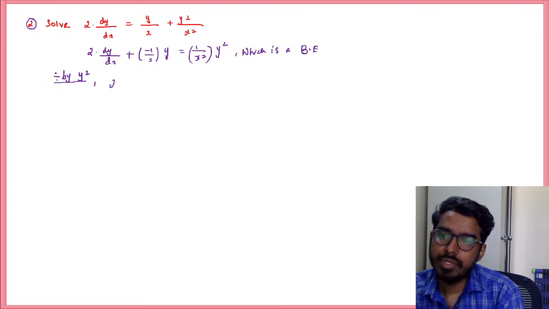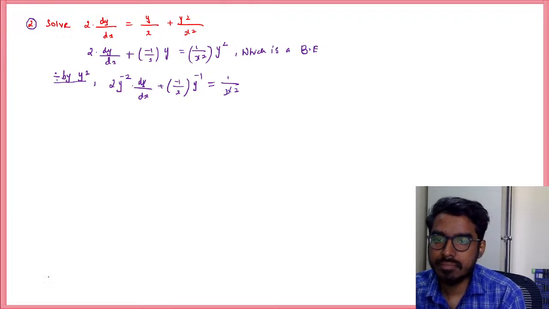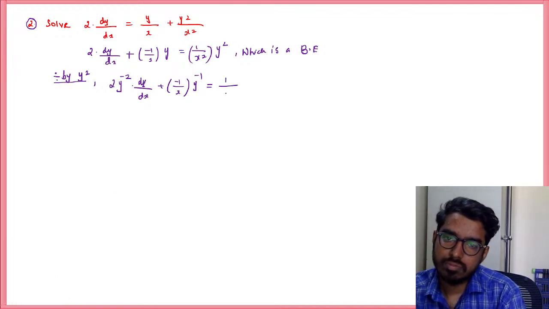So this will be y power minus 2 dy by dx plus minus 1 by 2x, y power 1 minus 2, so y power minus 1, is equal to 1 by 2x square.